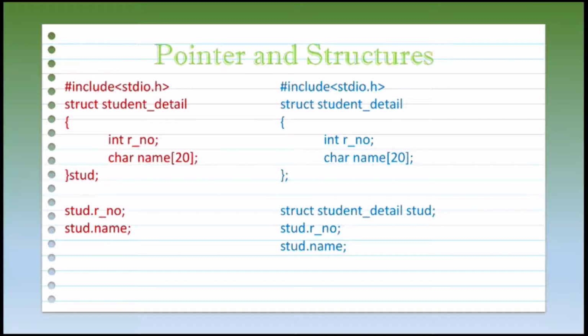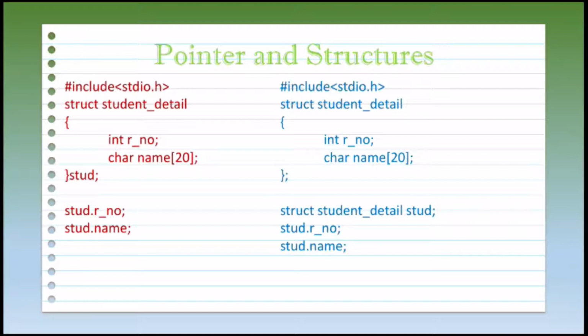So we have declared variable, that is stud, separately. So here the syntax for that is struct, then student detail, and then variable name, that is stud. And to access the elements, we have to use same method, that is we have to use dot operator. So this is the normal structure variable accessing method.